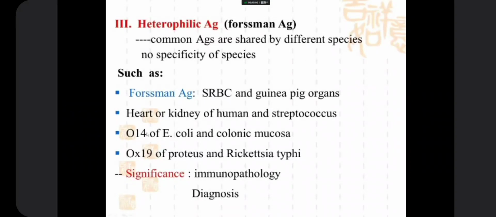All 14 strains of E. coli and colonic mucosa, and OX19 strains of Proteus and Rickettsia typhi.